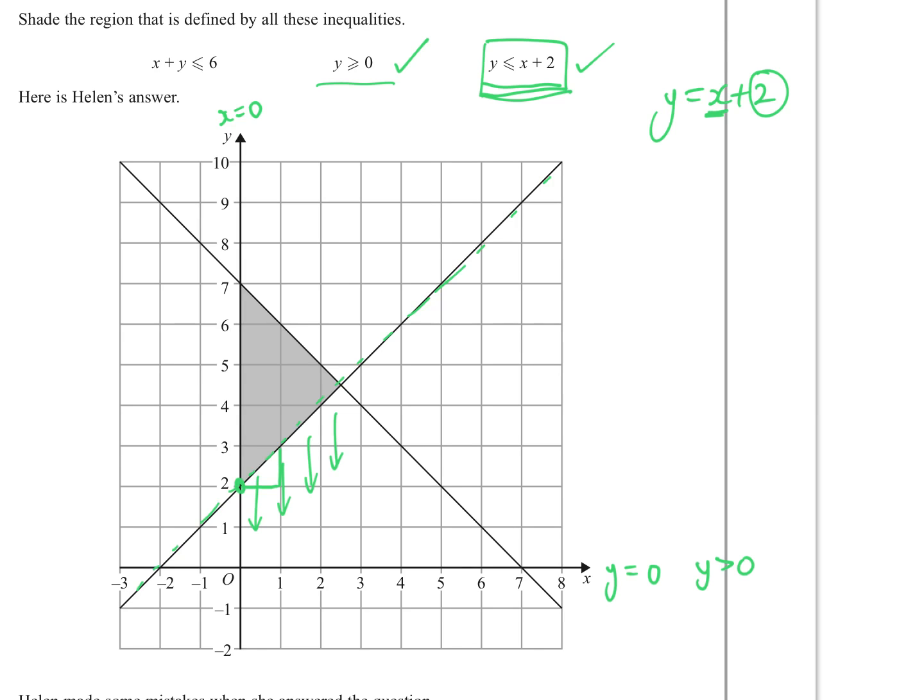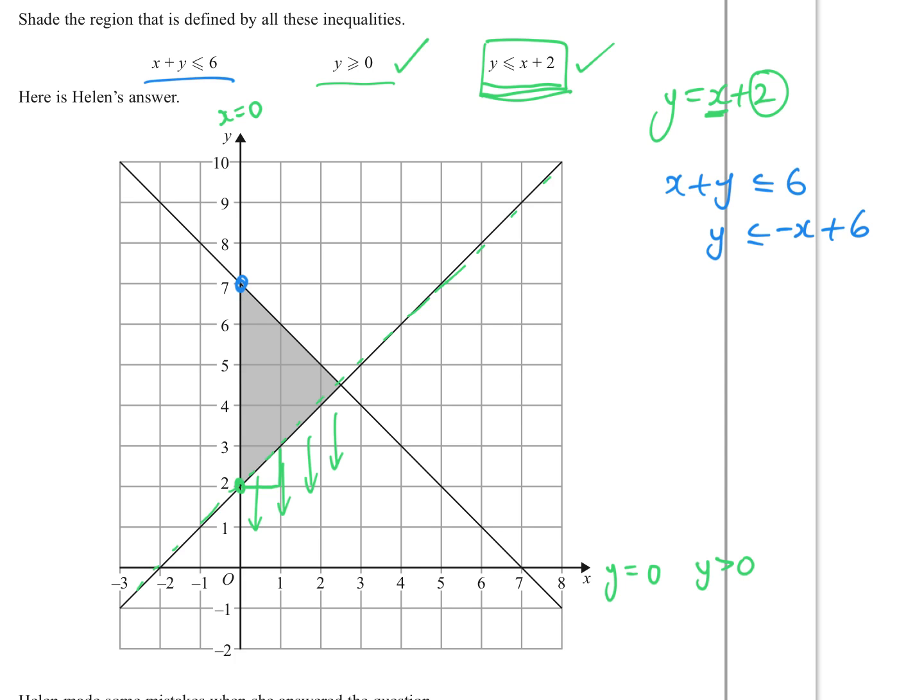So let's try and look at this one here. Now if x plus y is less than or equal to 6, then let's rearrange. That means y is less than or equal to minus x plus 6. So this has got to cut at 6, but it doesn't. So that's another error. We don't have to find any more.